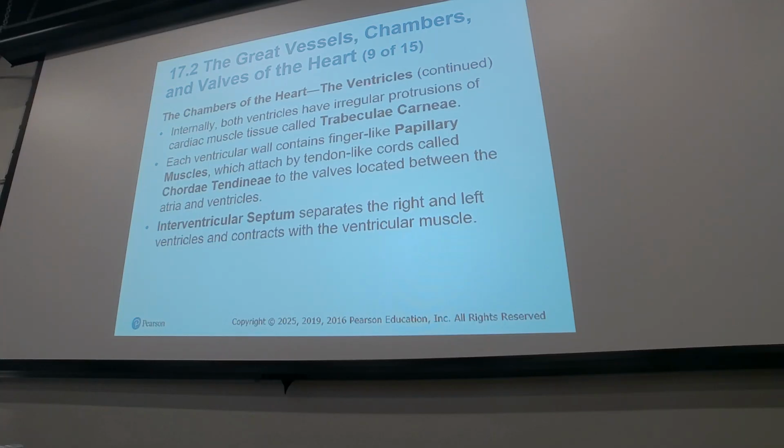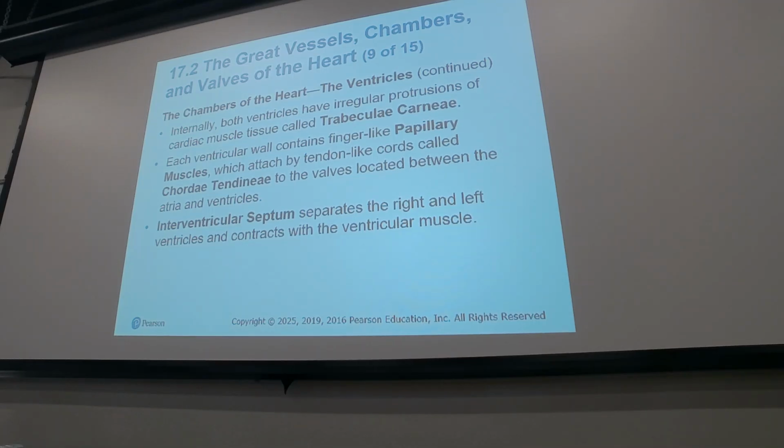So besides the left ventricle having trabeculae carneae, it also has some muscles that are called papillary muscles. These papillary muscles are finger-like projections that attach tendons, collagenous tendons that we call the chordae tendineae, the strings of the heart.